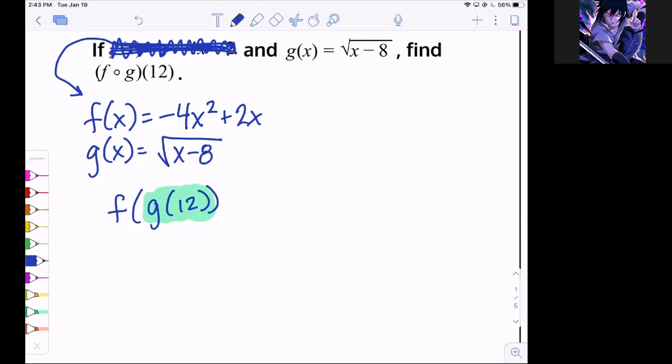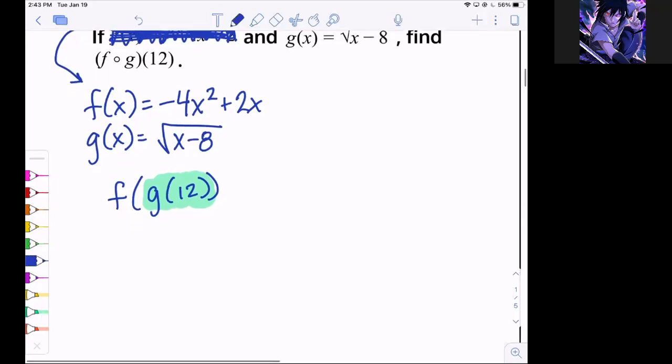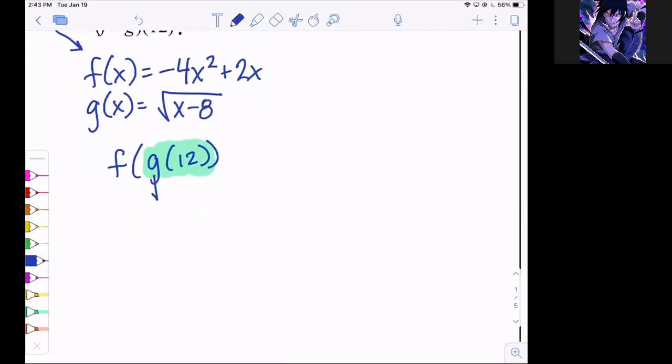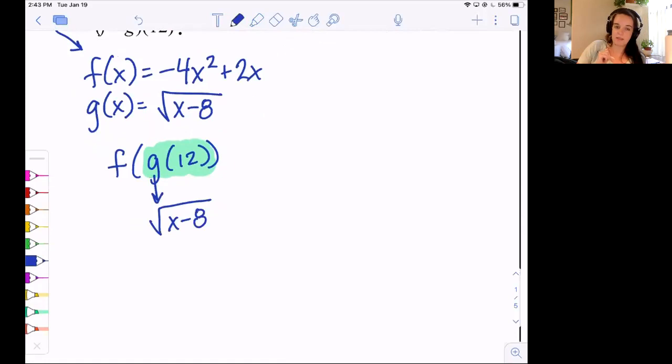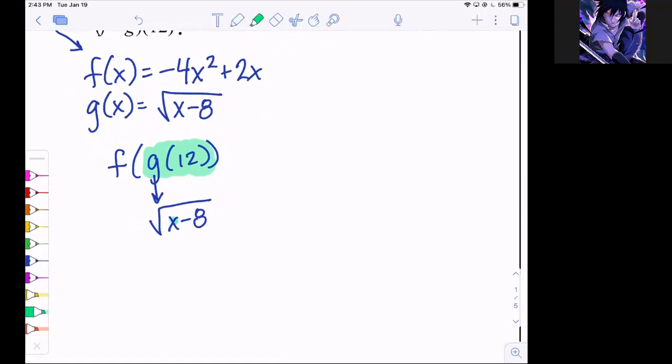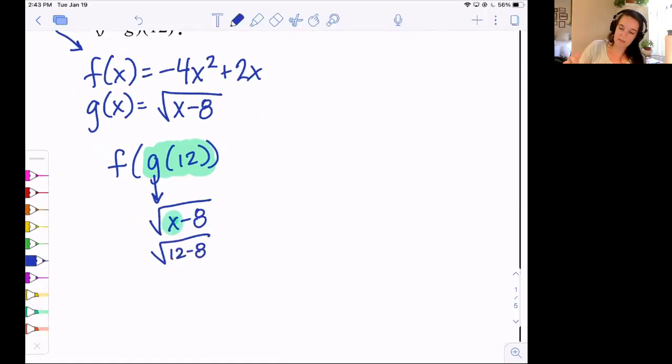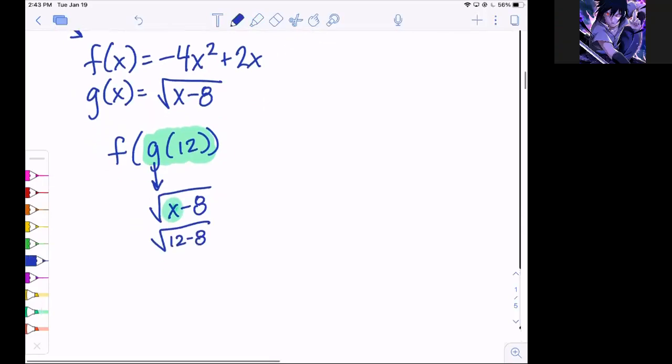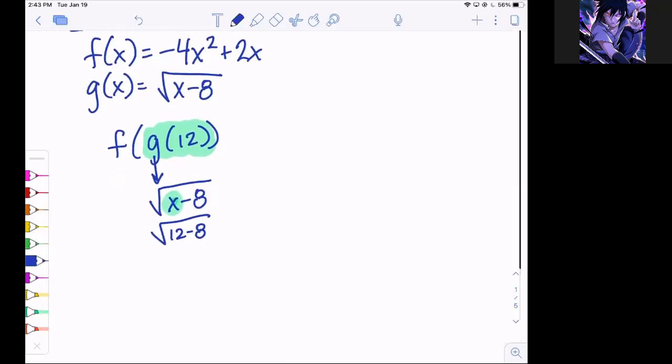Okay, so how you start is that you bring down what g of x is, which is square root x minus 8. And you're going to replace the x with 12, so it'll be square root 12 minus 8. And then I think it's subtract 12 with 8.